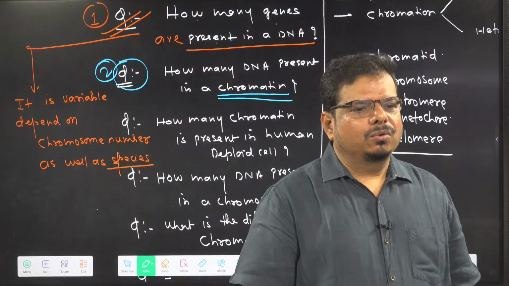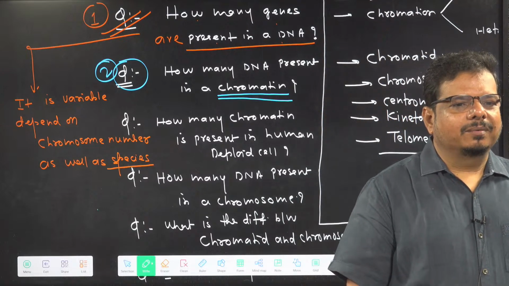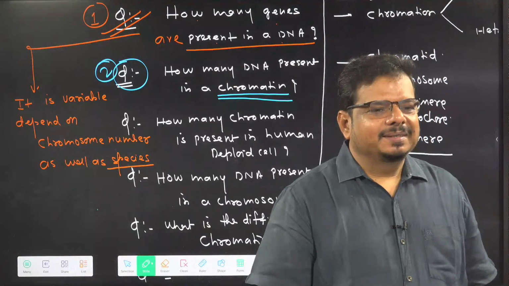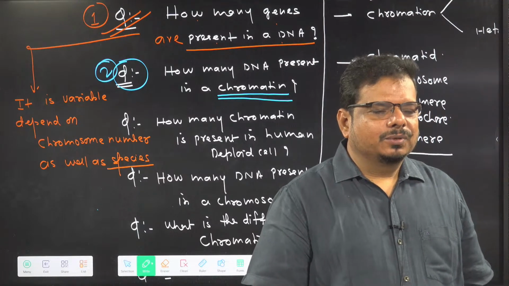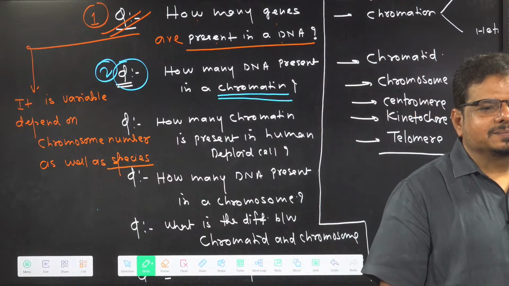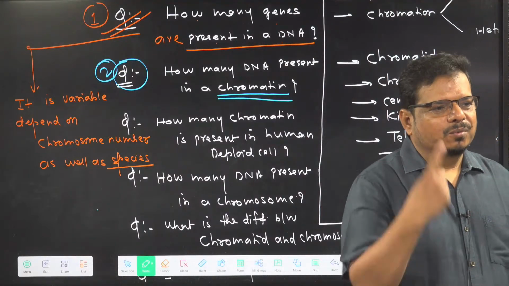One student wrote 146 base pair. Someone wrote 200 base pair. Someone wrote, sir, 46 DNA molecule. But the majority of votes are in favor of 1.